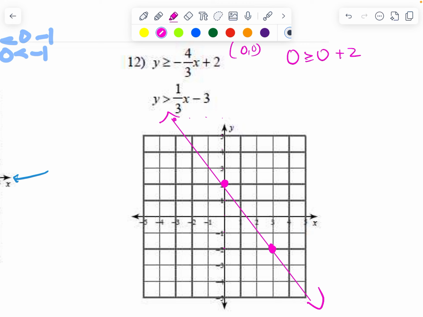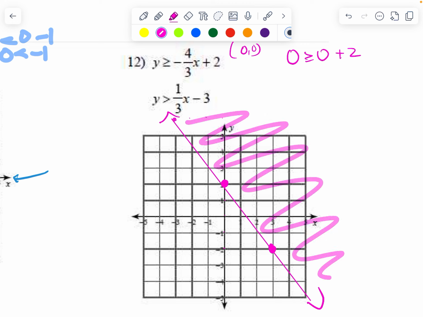So it would be above that line. Then I come back to this and I go to negative 3, and that's an open dot. I go up 1, over 3, or down 1 and over 3. Notice how I go all the way through the coordinate plane.